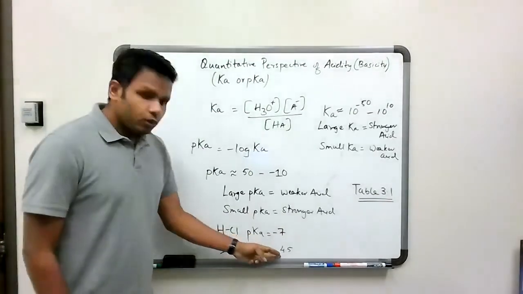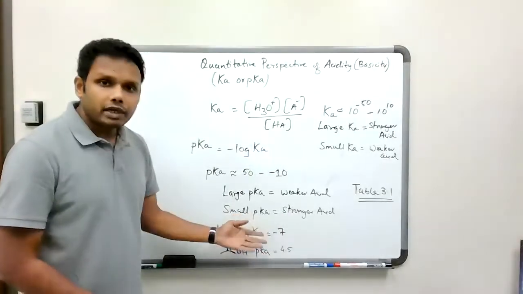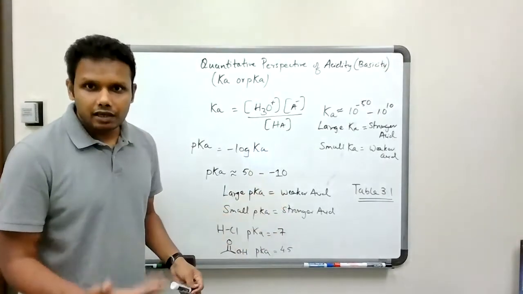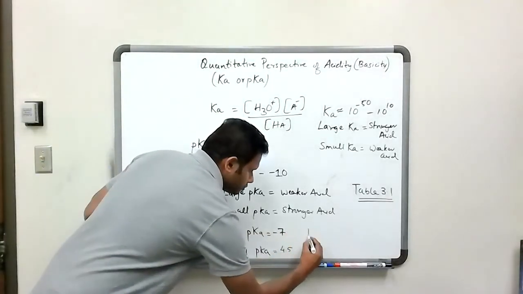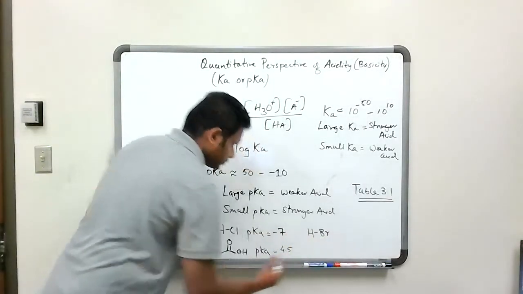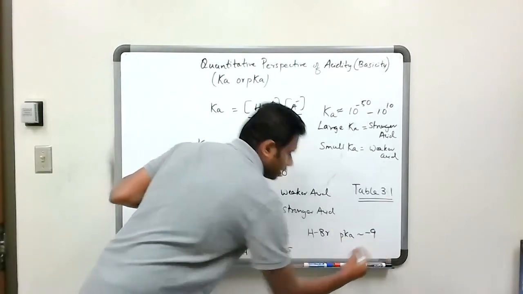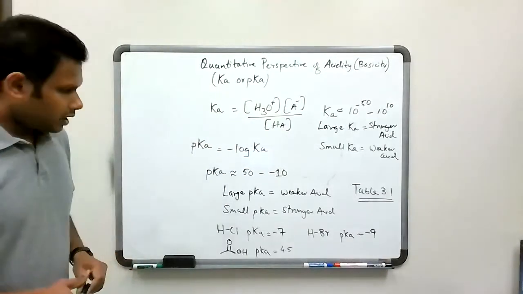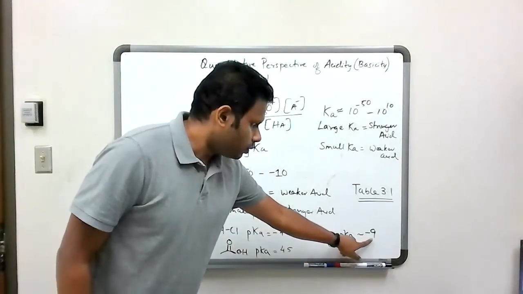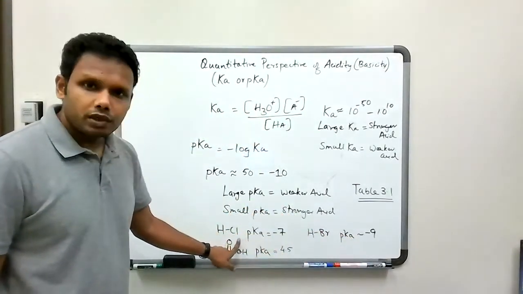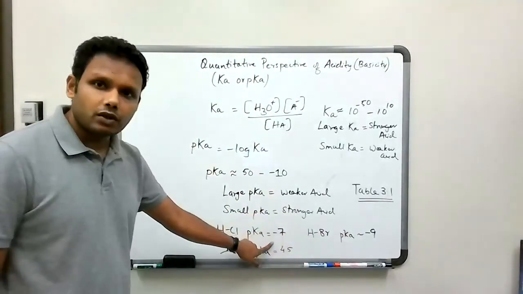Now, if you want to understand how much stronger something is, you have to actually convert it into the Ka scale. So for example, HBr, its pKa is like -9 or something. What that means is HBr has a lower pKa compared to HCl, so HBr is a stronger acid than HCl also.